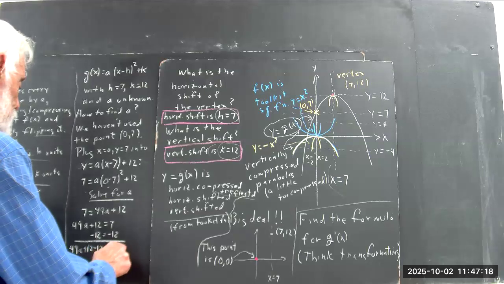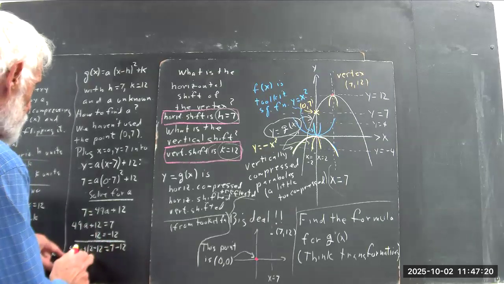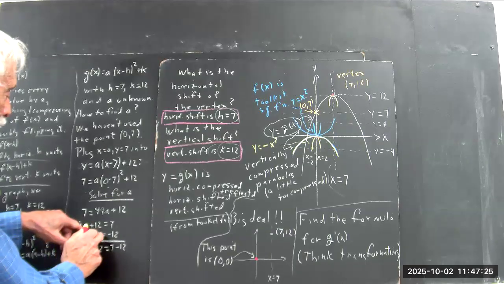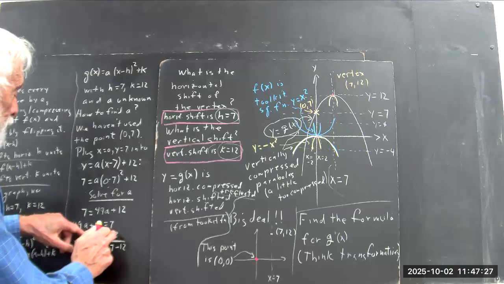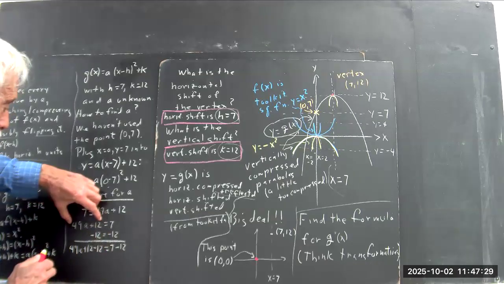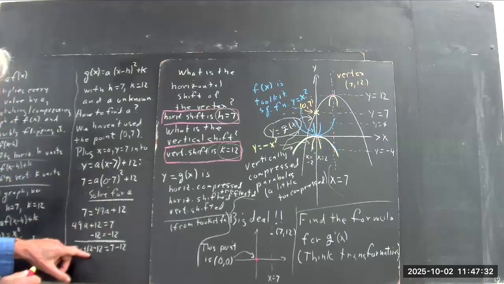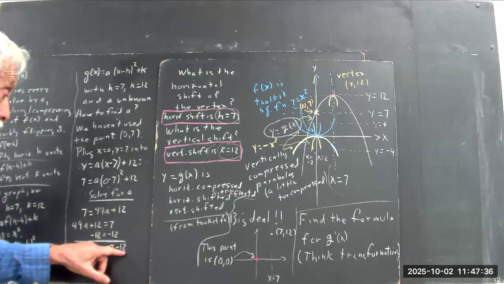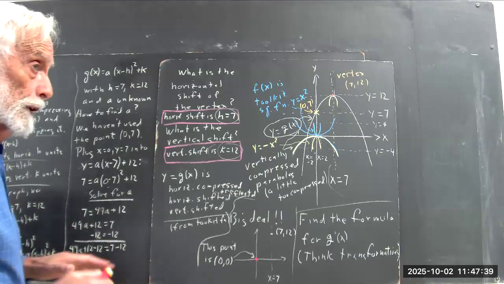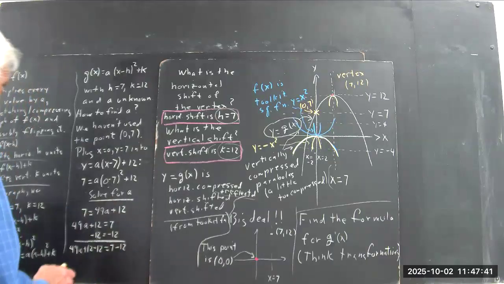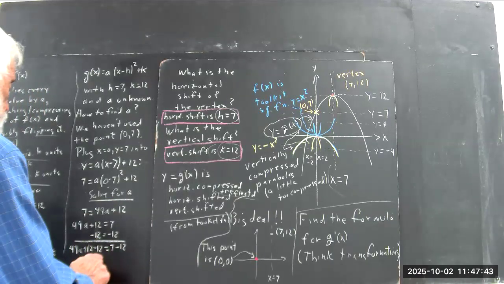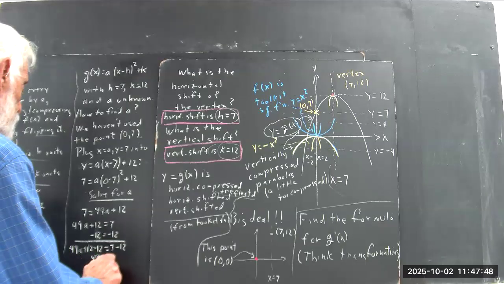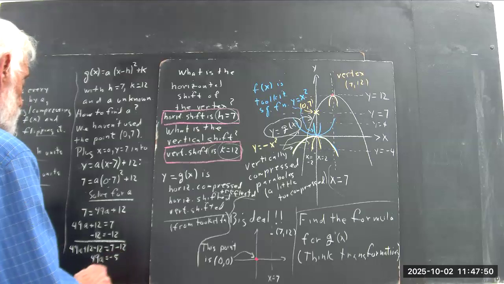We write out the left-hand side, 49a plus 12, and then that added to the left-hand side of this equation. So this left-hand side of this equation added to the left-hand side of this equation gives us this. And the right-hand side added to the right-hand side gives us this. There's no mistake there if we can just copy things down correctly. And then we know that 12 minus 12 is 0. So we're going to be left with 49a equals negative 5.